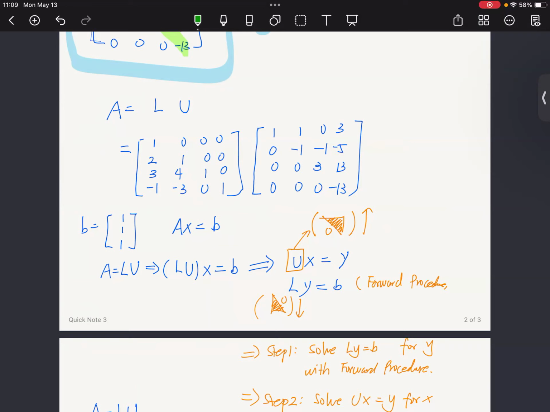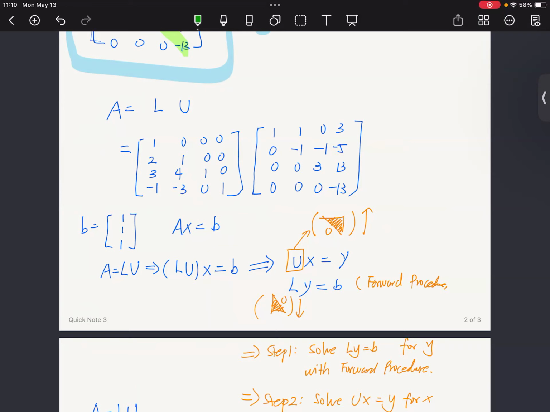Now we solve this equation first, and because this is a lower left system, we can solve from the top to the bottom, and this is called the forward procedure.